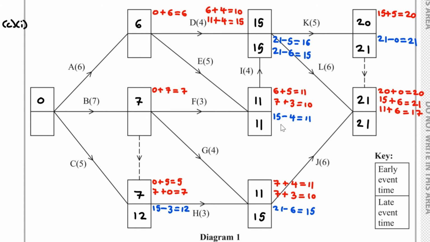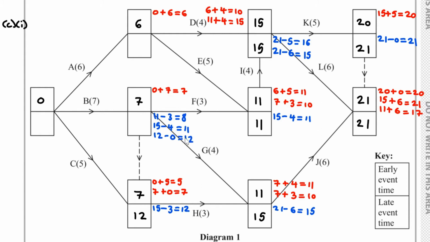We either have 11 take away 3, which is 8, or we have 15 take away 4, which is 11, or we have 12 take away the weight of the dummy, which is 0.